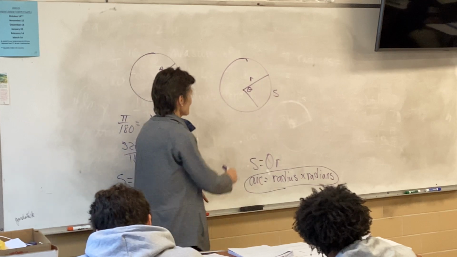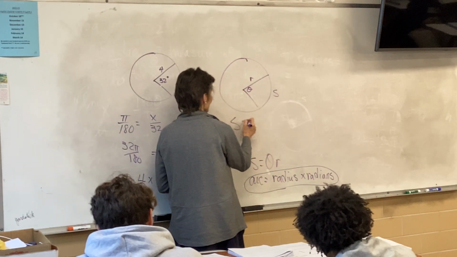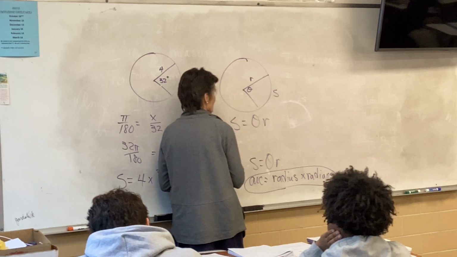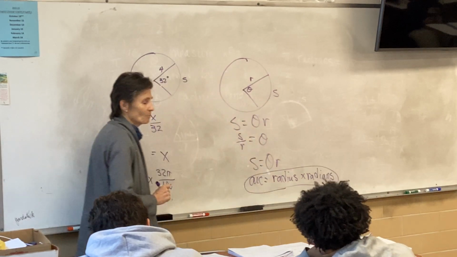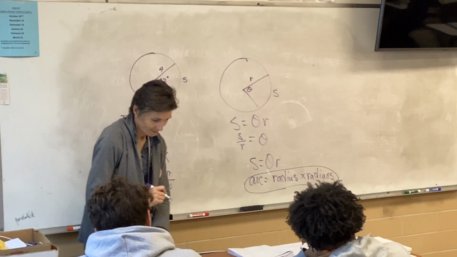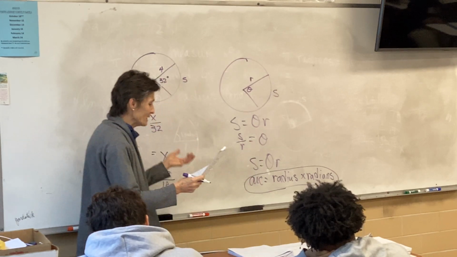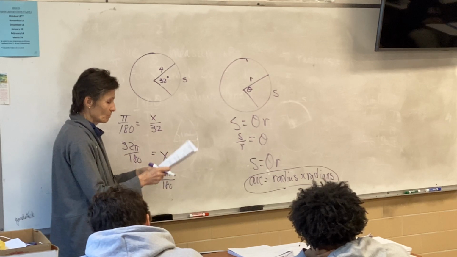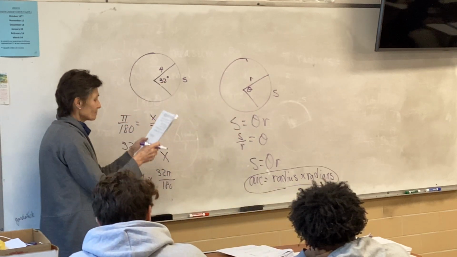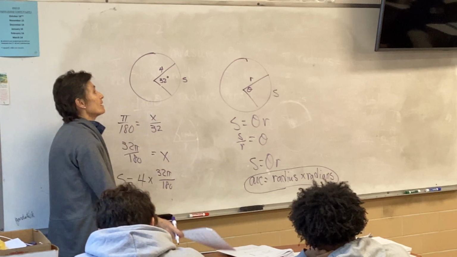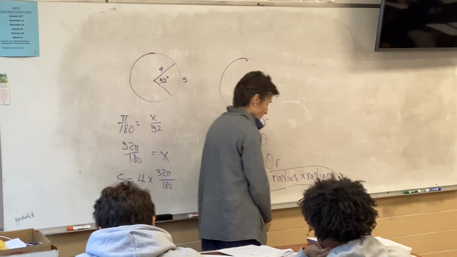That's your formula. So how big is theta? If arc length equals radius times radians, then what does your angle equal? S over R. That's easy. Okay, we need to get through this calculator stuff and then we'll get on to some more fun stuff. All right, back to degrees.